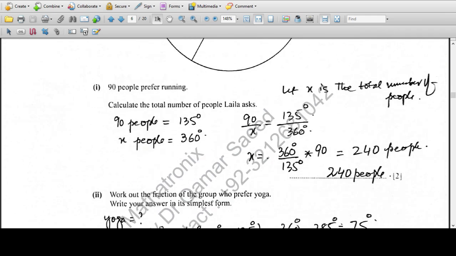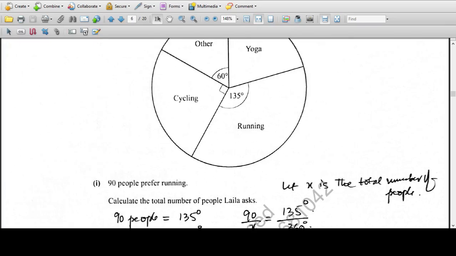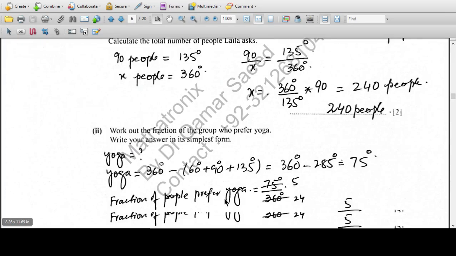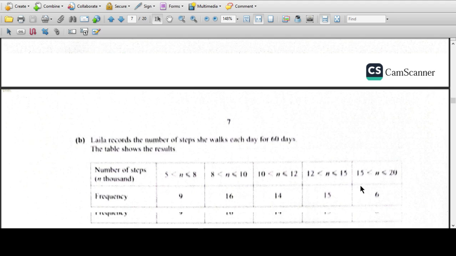So this is question number 3A part 2. Now Layla records the number of steps she walked each day for 60 days.